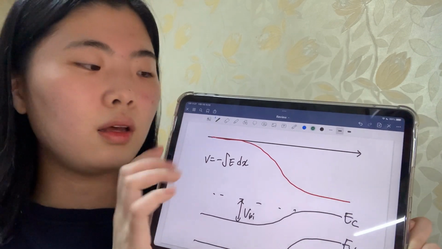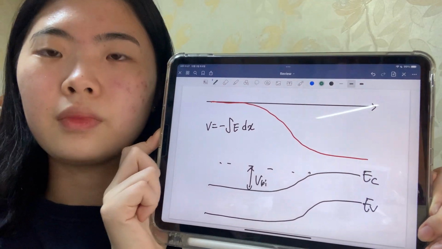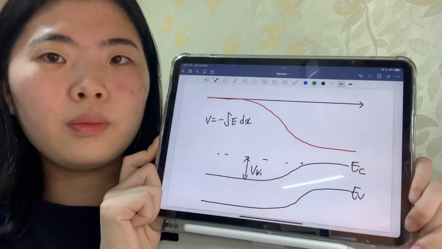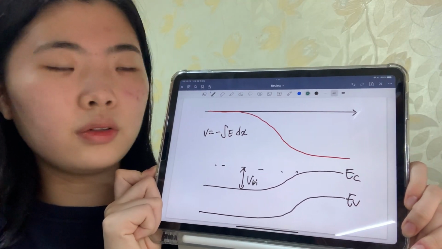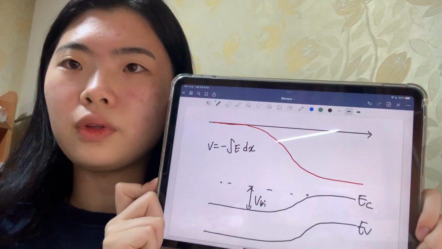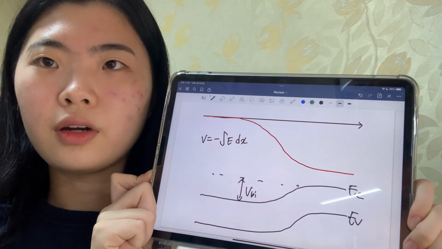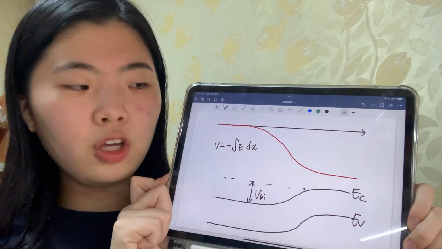Based on those concepts, we can draw this energy band diagram. It looks like this because the left side and right side are doped differently, so the energy band diagram will change like this.